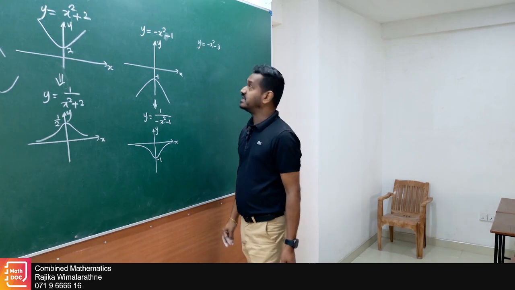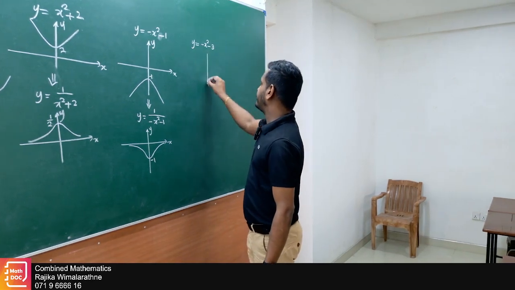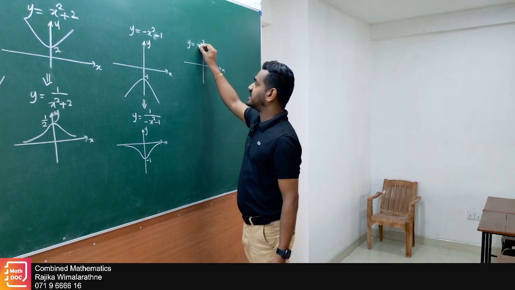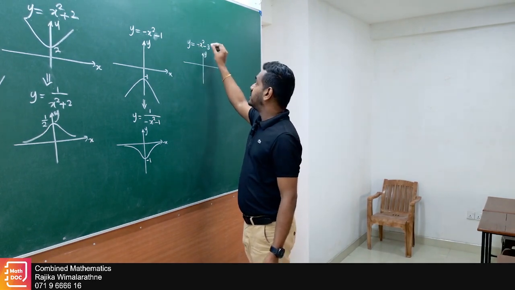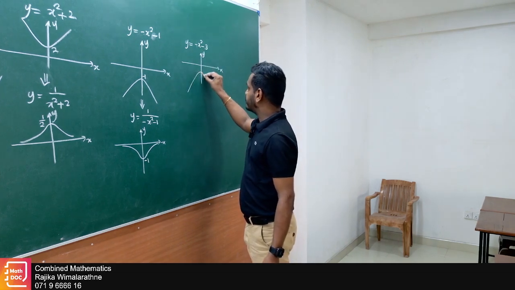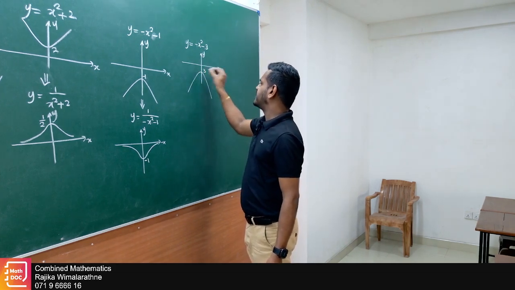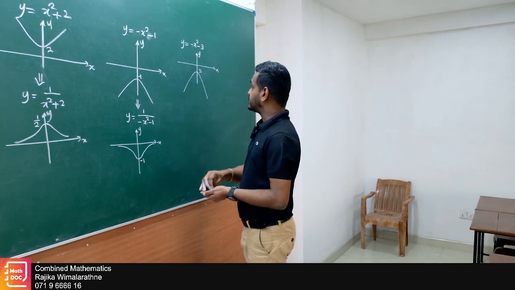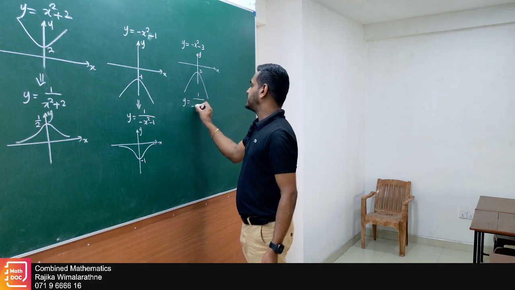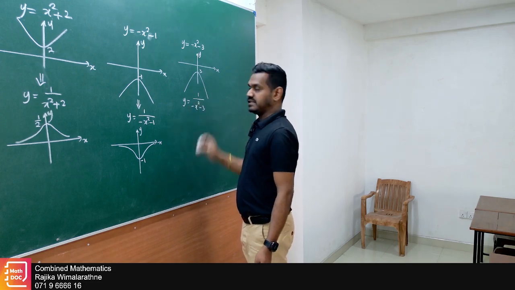Then take another one, y equals minus x squared minus 3. Let's sketch it. Here x-axis, y-axis, minus x squared means maximum shape. Maximum value is minus 3. Then take its reciprocal, y equals 1 over minus x squared minus 3.